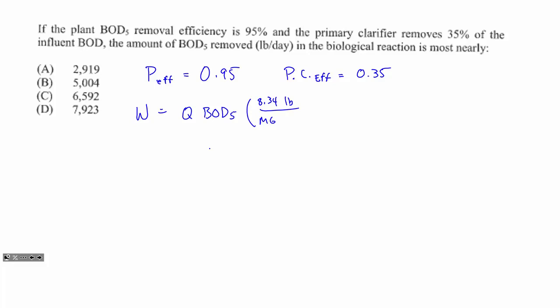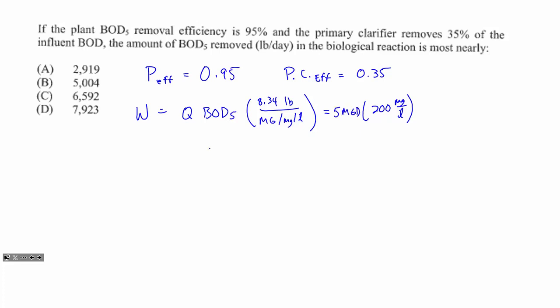Remember here, MGD is going to be million gallons per day divided by milligrams per liter. So we end up seeing here that this is going to be equal to 5 million gallons per day times 200 milligrams per liter. Go ahead and put that in there, that it's the units.